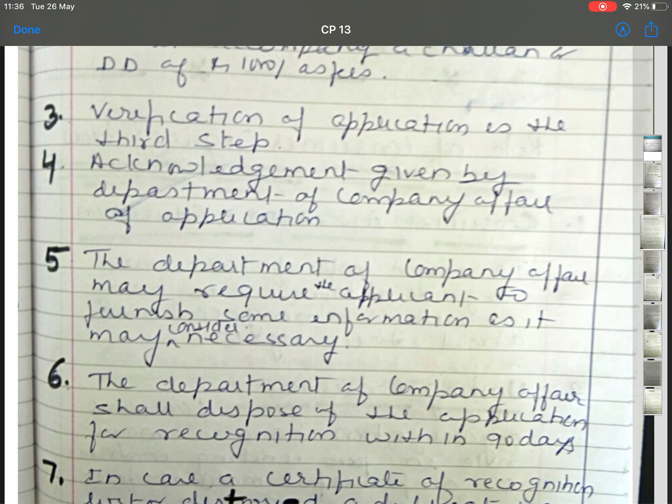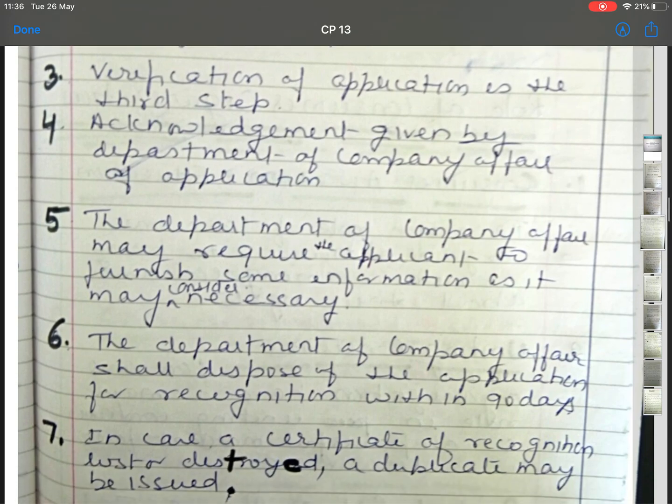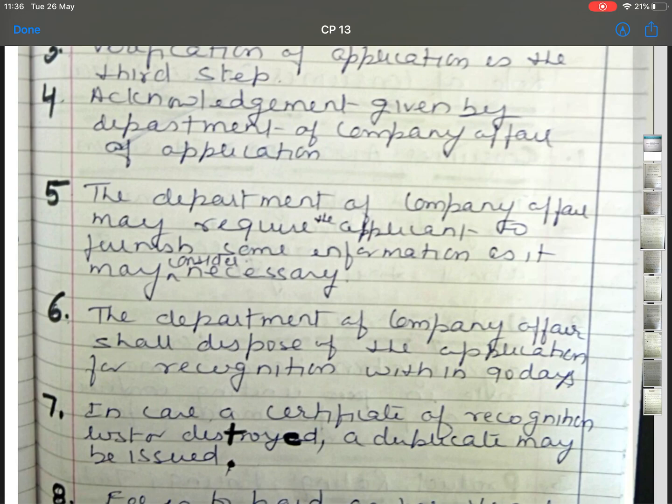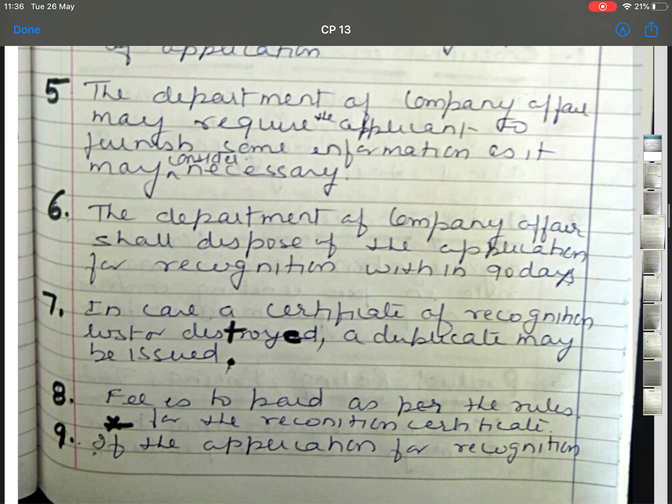After verification, they can give you acknowledgement of the application. The next step is the Department of Company Affairs may require the applicants to furnish some information as it may consider necessary. The next process is the Department of Company Affairs shall dispose of the application for recognition within 90 days.